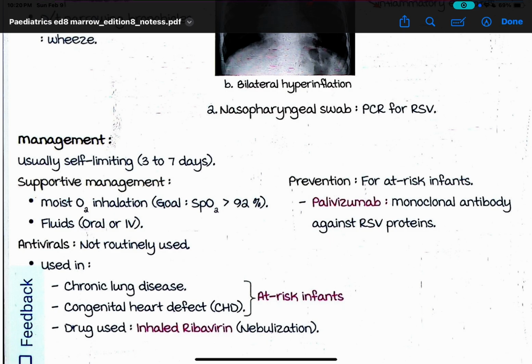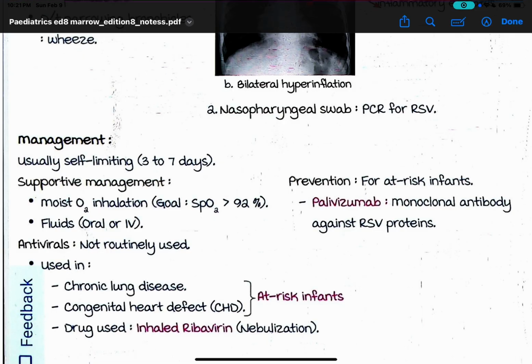In Canada, there is another kind of vaccine, and the antibody is called nirsevimab, injection Beyfortus.